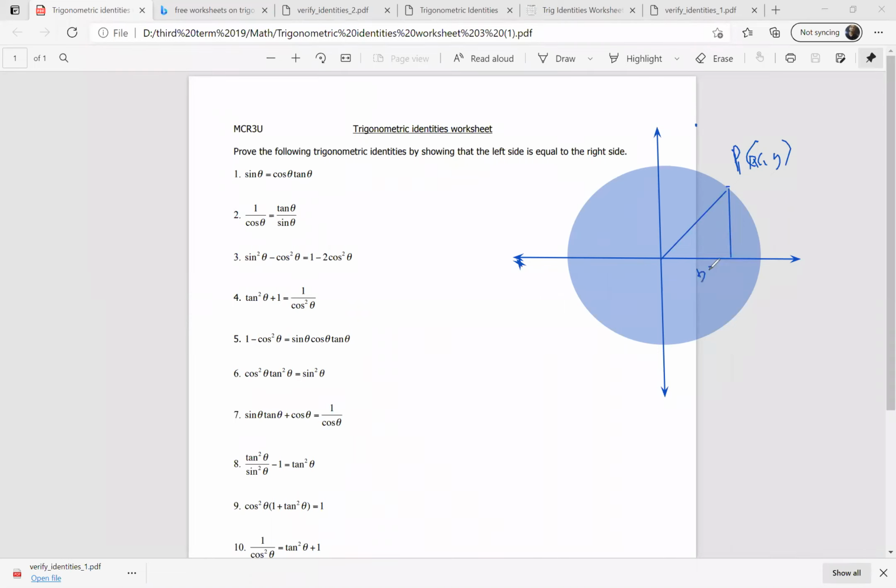Then the hypotenuse equals 1, then x squared plus y squared equals 1.